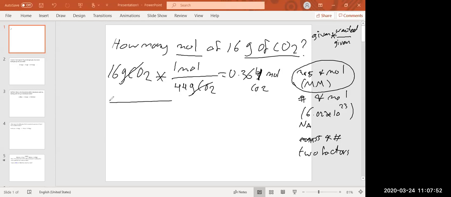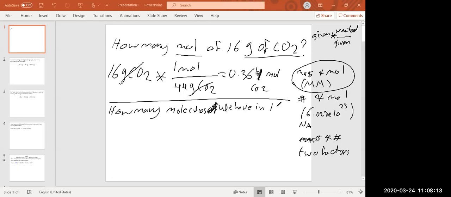Now, let's say, for example, we have this equation. How many molecules do we have in 16 gram CO2? Look at this equation.